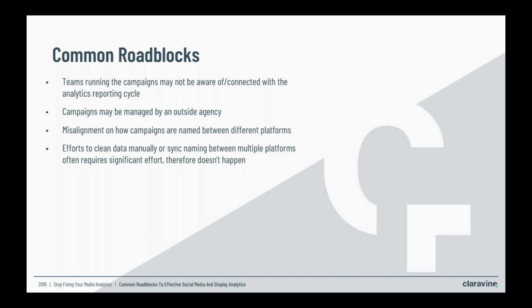On top of that, there's a number of additional common roadblocks that people encounter, a lot of times just based on organizational structure and how the teams are connected or not connected. Many times the analytics team is not completely aligned with the teams that are hands-on running the campaigns, and they don't necessarily communicate about reporting stakeholders or their reporting cycle. And as a result, sometimes you might get the different numbers from different people situation. You might get people pulling things from platforms that do or don't make sense, and the teams aren't always in communication.